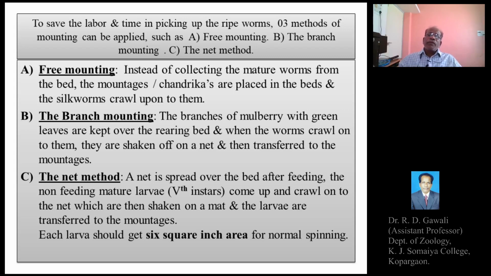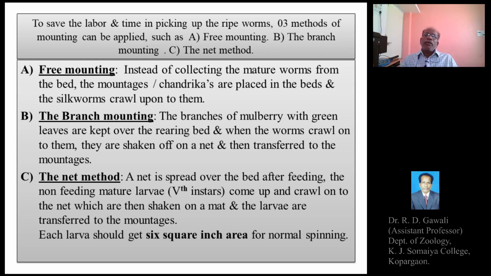Simply, the harvested mulberry branches are kept in the feed bed or rearing trays. Larvae will crawl up the branches and the entire branch can then be shaken off onto the net, or one can shake the mulberry branch with fifth instar larvae directly onto the mountage also.